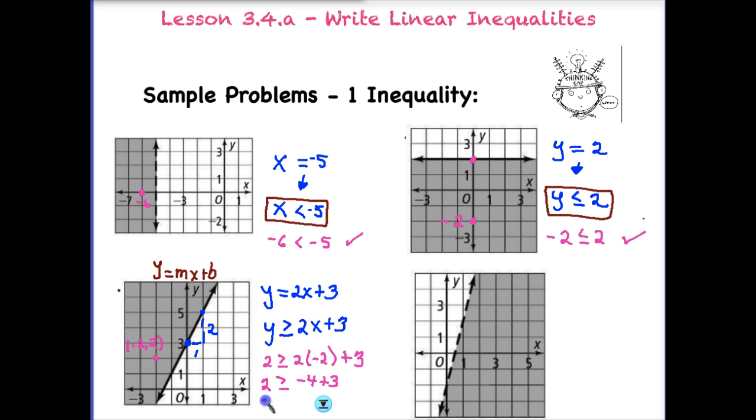One more step, I'm going to have 2 on the left side, greater than or equal to -4 plus 3, which is -1. And in fact, 2 is greater than or equal to -1. And that's the key. Any point I pick in this shaded area must be true in any equation that I make for my boundary line, and that is true.